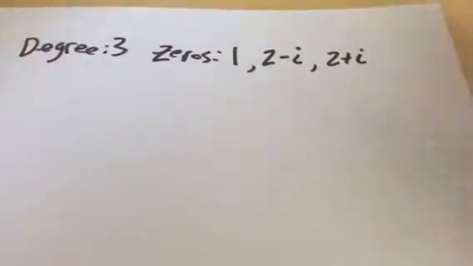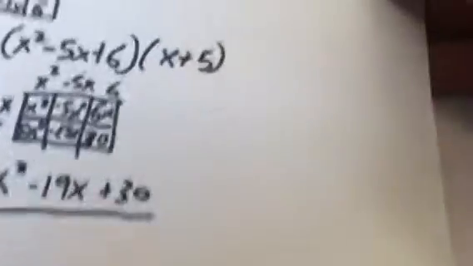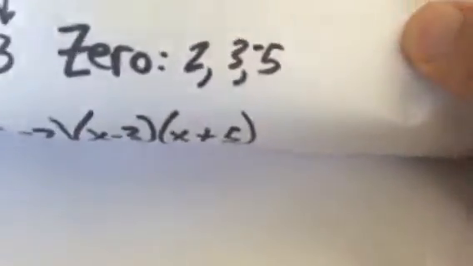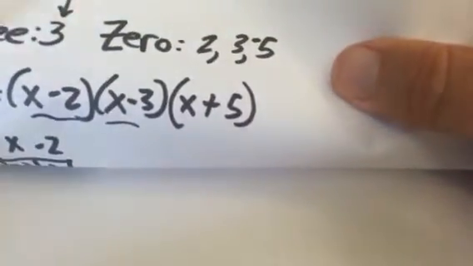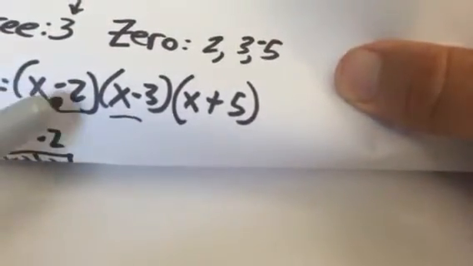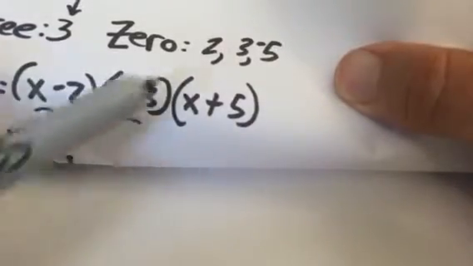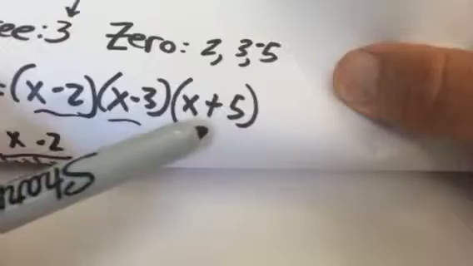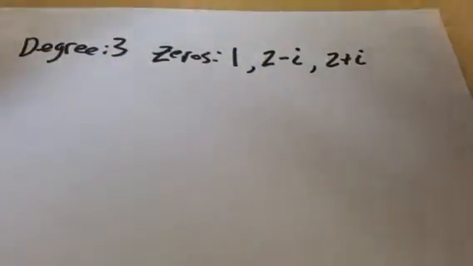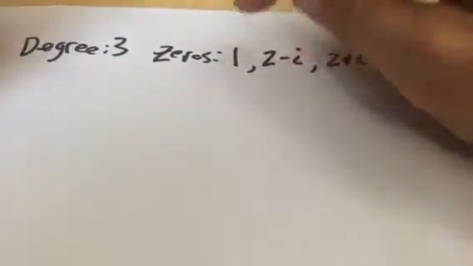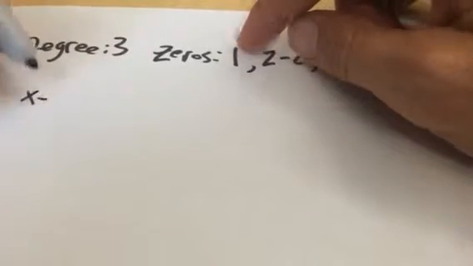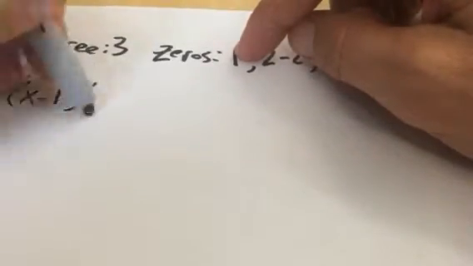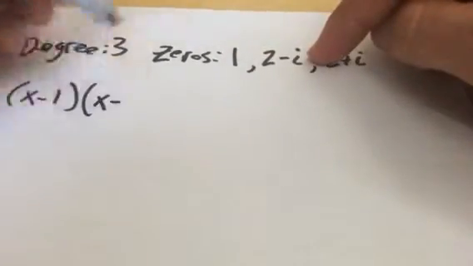So let me set this up, just like in this one, where I took my zeros, and I said, I'm just going to go x minus one of my zeros, x minus my other 0, x minus my other 0, minus a -5 is +5. Do the same thing with these zeros. So I can just say x minus that 0 multiplied by x minus that 0.